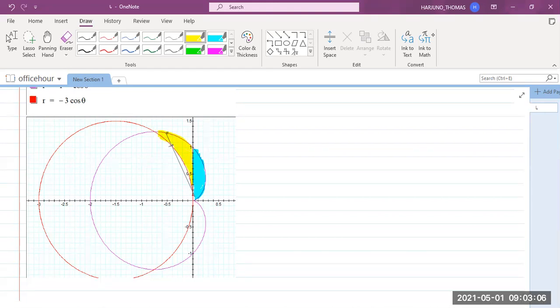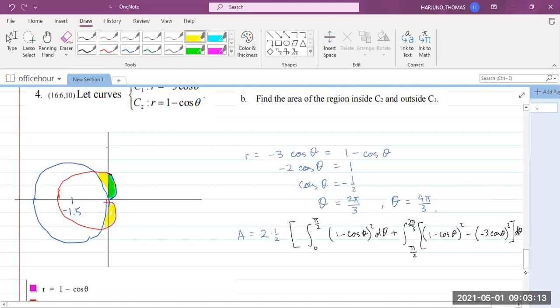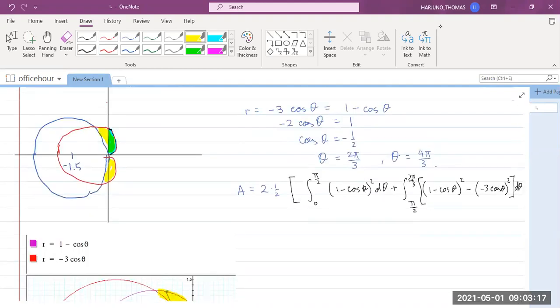Oh, did I say that? From 0 to pi over 3? Robert brought up the issue that in my solution, I say it's from 0 to pi over 3. Oh yeah, you did put that in your solutions.